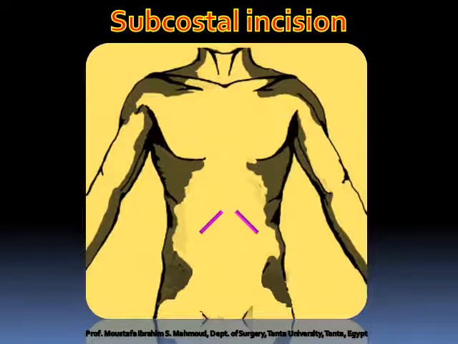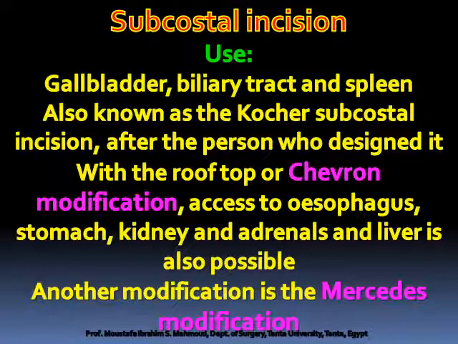Subcostal incision. It is used for gallbladder, biliary tract, and spleen surgery, also known as the Kocher subcostal incision, after the person who designed it.